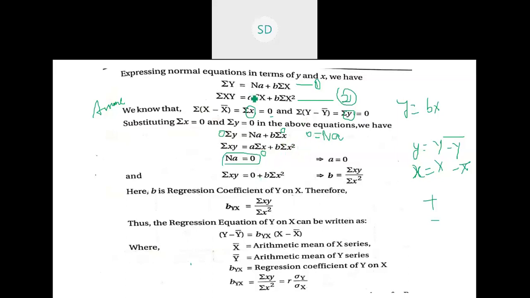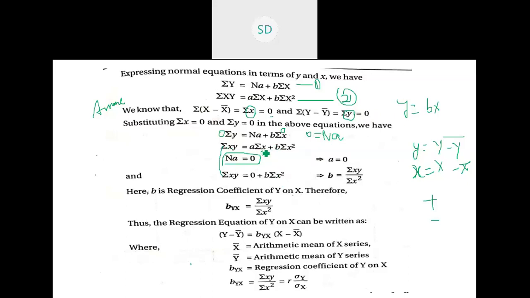See, the simple assumption is sigma small x will be 0 and sigma small y will be 0. So x square, y square, other multiplication, division, all that we cannot assume. Only these two values are assumed, so only those we substitute to be 0. So sigma x square will remain as it is. Now xy is remaining. Only in the part of sigma x we have put 0.